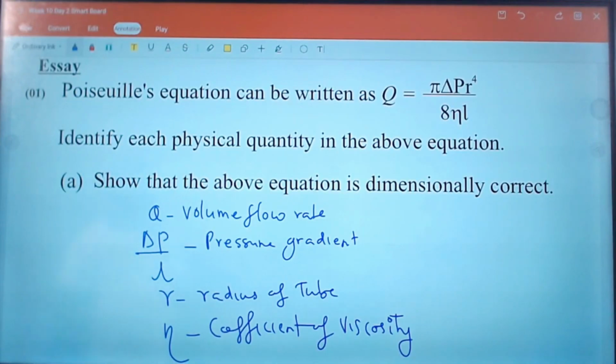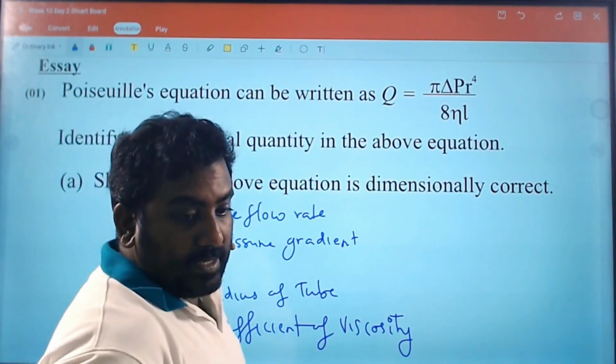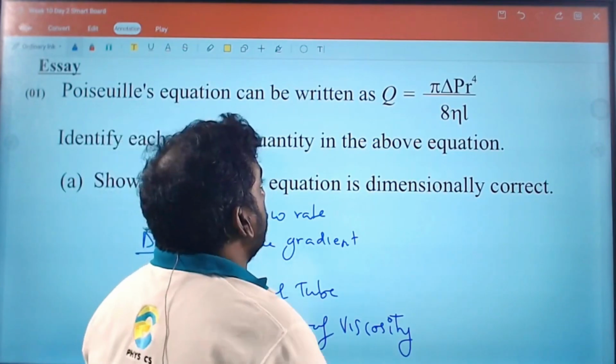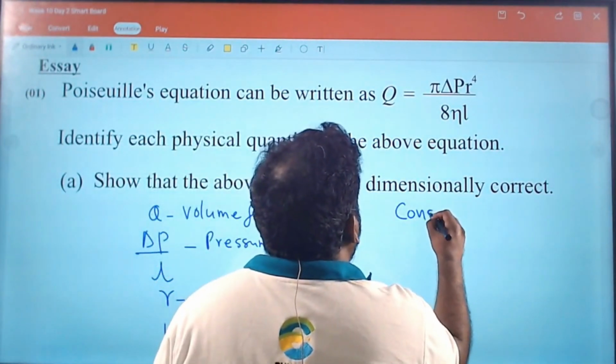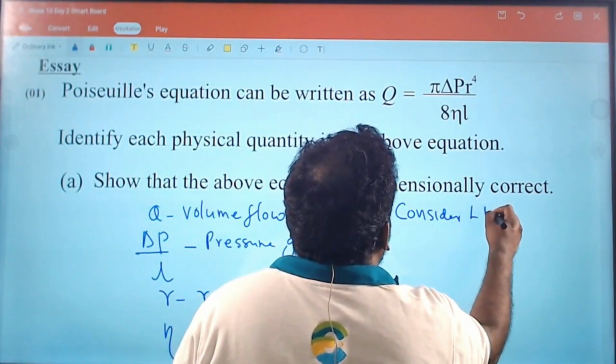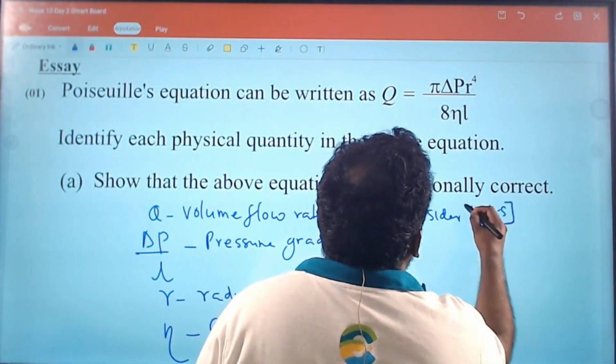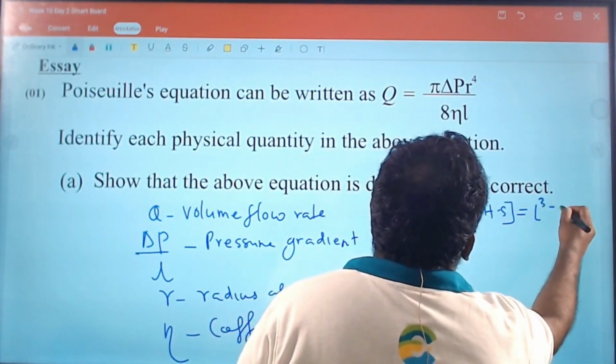Show that the above equation is dimensionally correct. So you can easily show it here. Consider the left hand side dimensions. Volume flow rate is L cubed T to the minus 1.